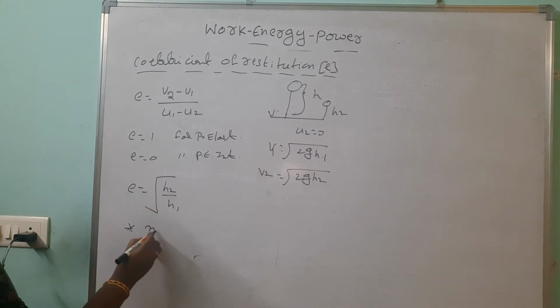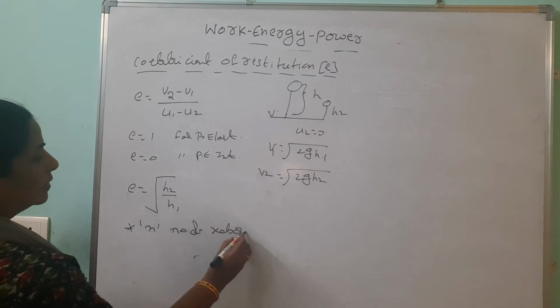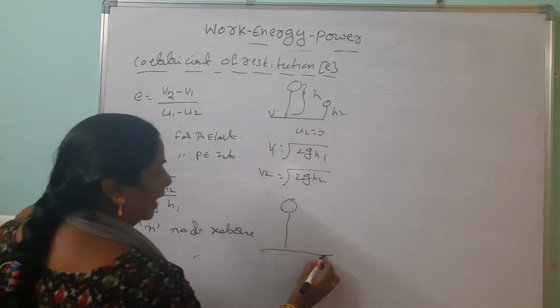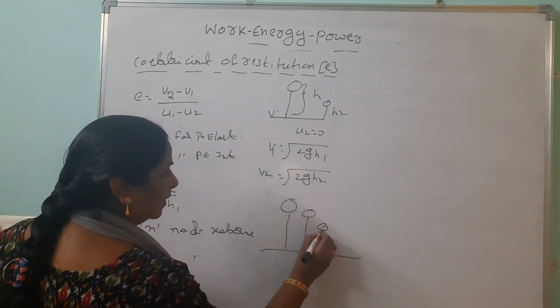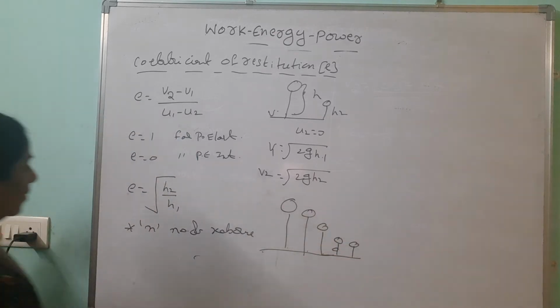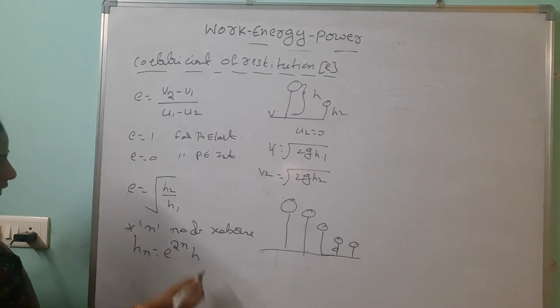Suppose you are taking n number of rebounds. Suppose one ball is striking and it is making a second one, third one, fourth one, fifth one, like that, n number of rebounds. At that time, height is how much for the nth rebound? E to the power of 2n into h.